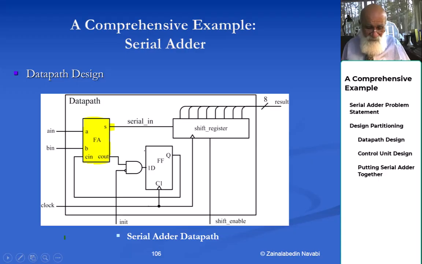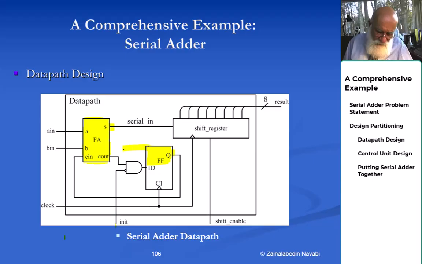And then I have this flip-flop here. The flip-flop takes the carry out and holds it in there. But at the very beginning, I have to have a mechanism for resetting the flip-flop to 0. To do that, I have the init signal. The init signal comes in from the controller. If it's 1, it puts a 0 on the D input. So at the very beginning, it puts a 0 on the D input. The clocking is done, and therefore a 0 goes into my flip-flop.